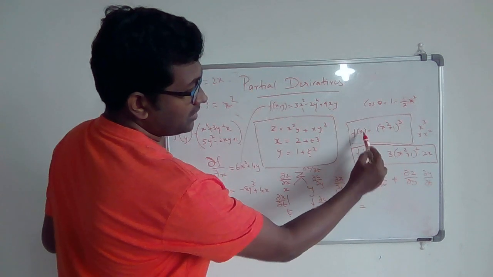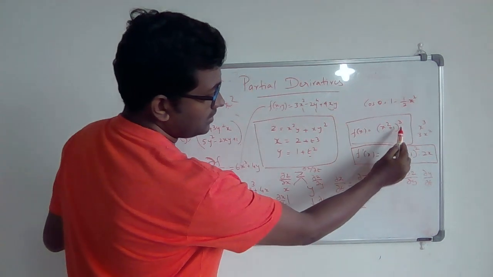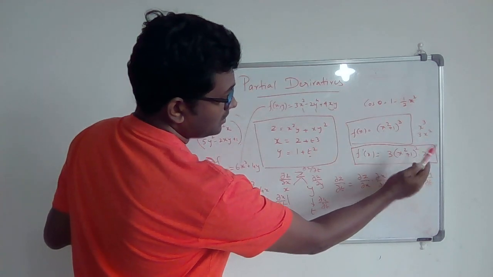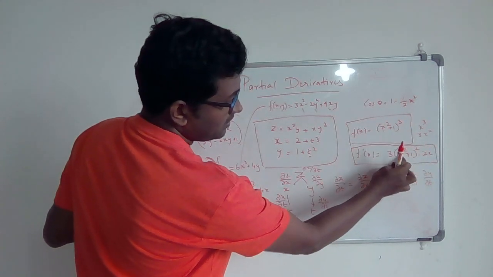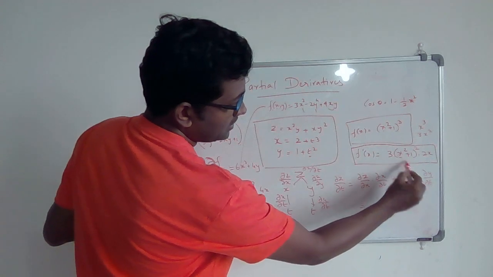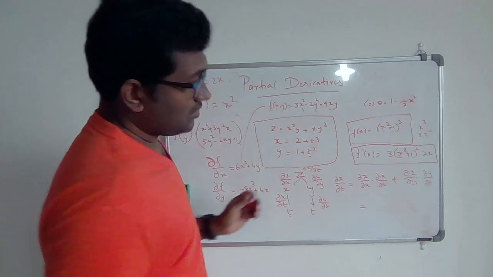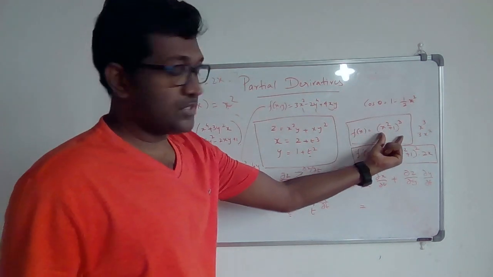To find its derivative, you take the derivative of the outside function, 3 times x squared plus 1 the whole square, and then you have an x squared component inside, so you take its derivative, which becomes 2x. This is like a chain rule on a function of this form.